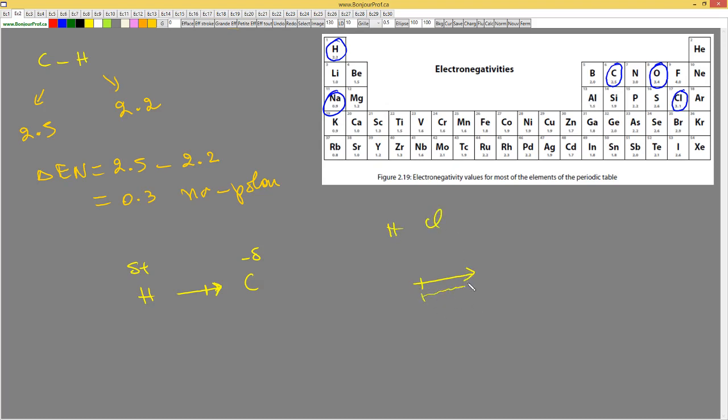So the length of the arrow gives me the amount of polarity. Here the length is small, to say it is roughly non-polar. This is how we represent polarity. Do the exercises, and that's it. So we now know how to find the polarity of a bonding. Good. Bye.